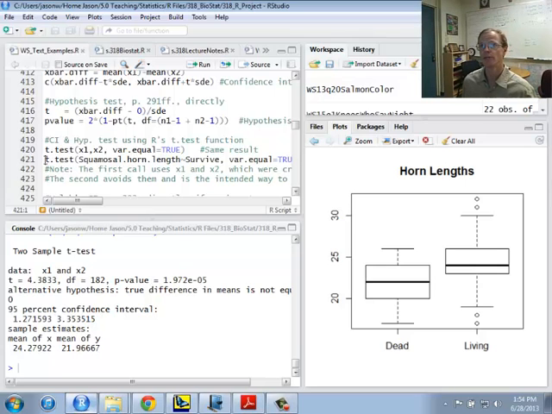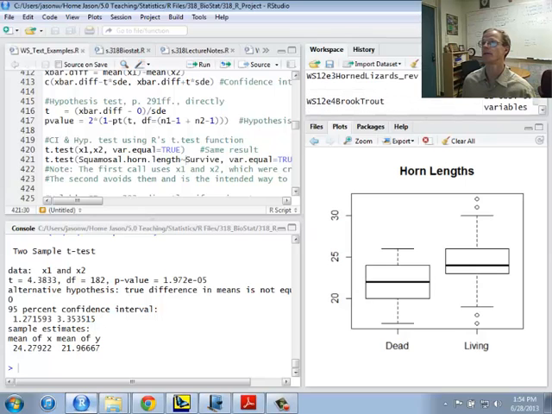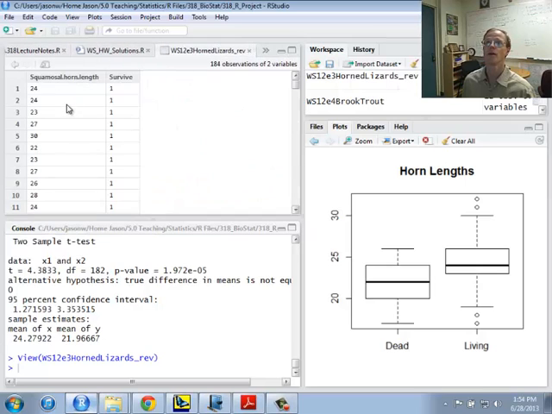I'd like to also bring attention to this form of syntax. It will actually be most common for us. It uses the horn length by survive. So if you look at the original data structure over here, we have horn length and survive.